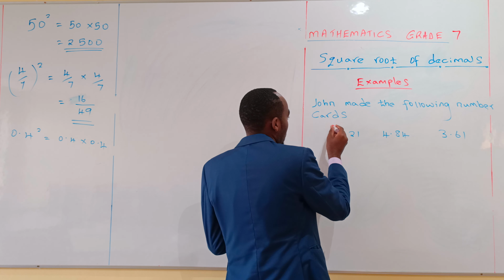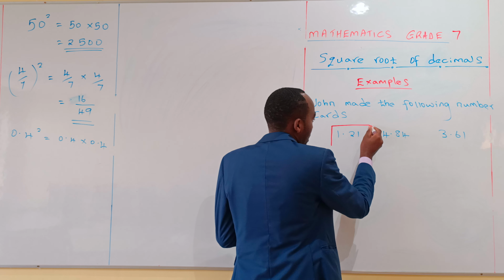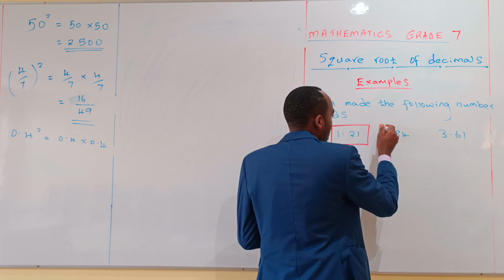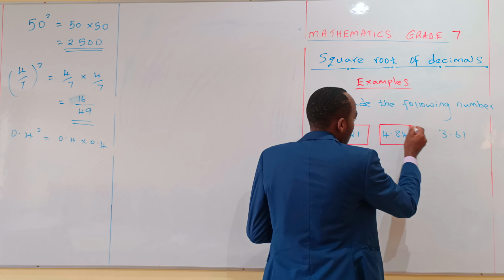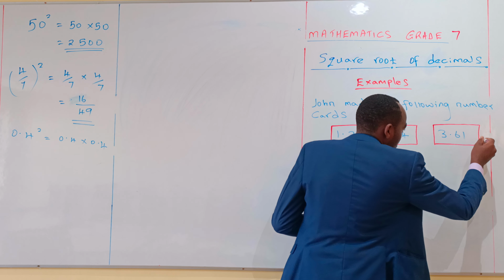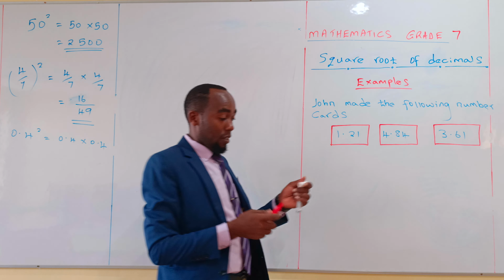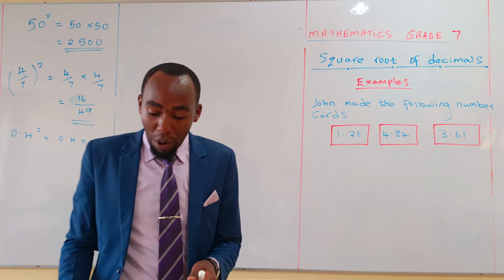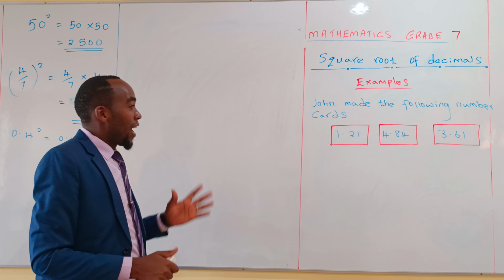At your free time, you can also make number cards bearing decimal places, and then use them to find the square. Very good. These are the 3 number cards that were made by John.